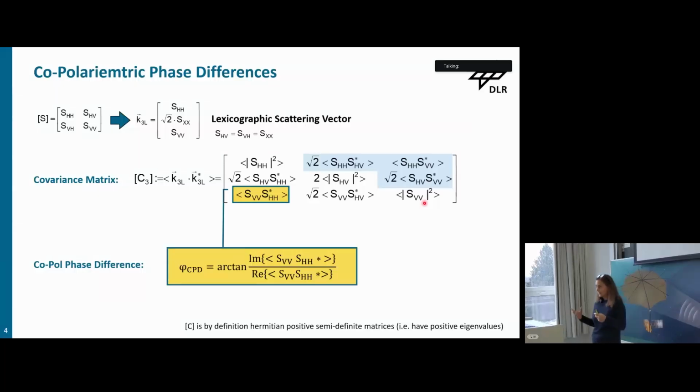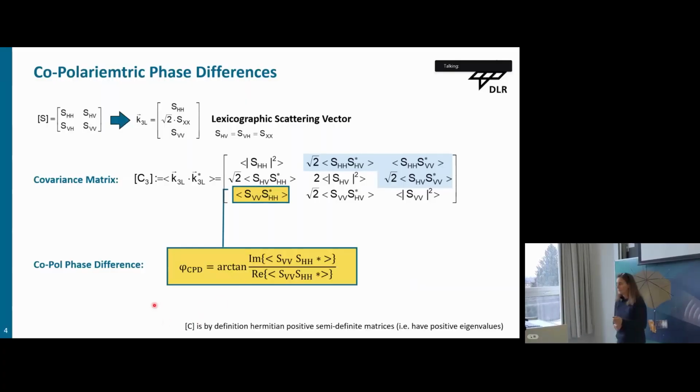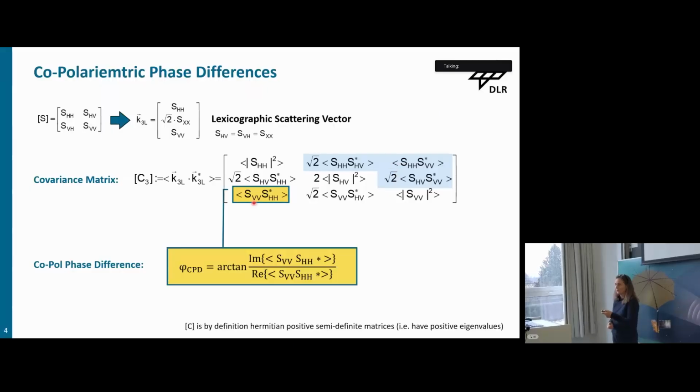So we have something which we can correlate, and that's actually the copol phase difference. What we do is take one of these correlations, and this is a complex number. We take this correlation here, either this one or this one, because by definition it is Hermitian positive semi-definite. It means that in principle these values are equal on both sides, so we only count one part, because the three off-diagonals are the same as on the other side.